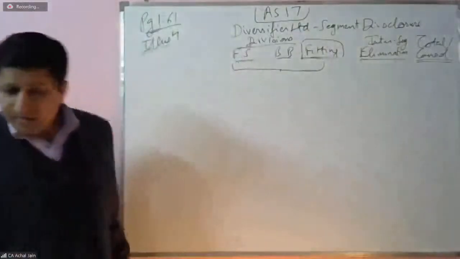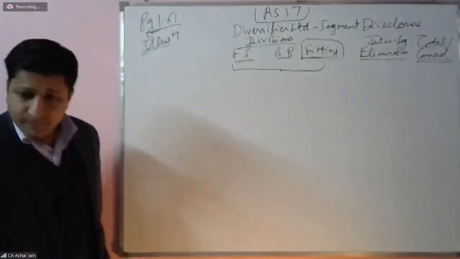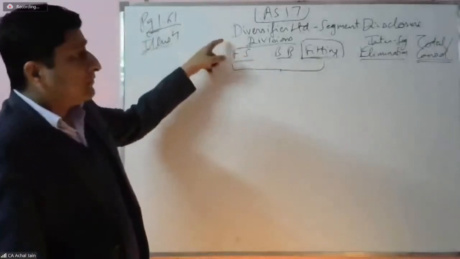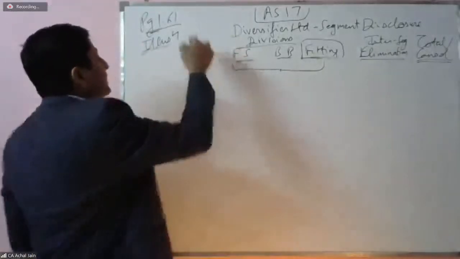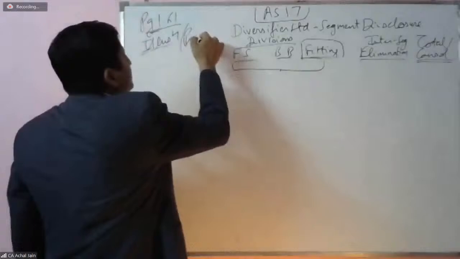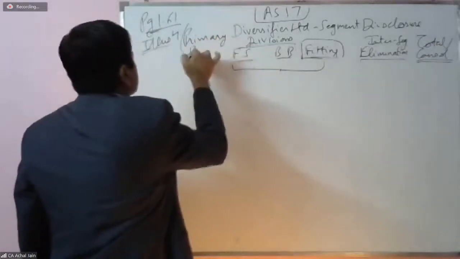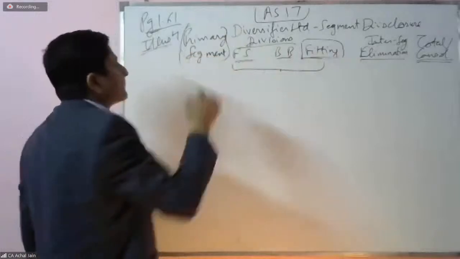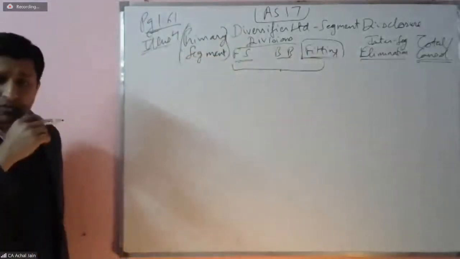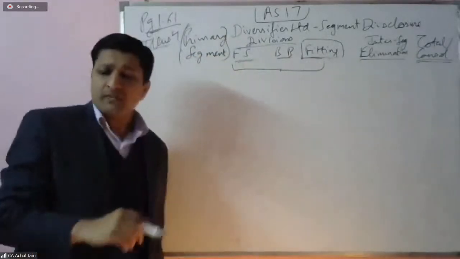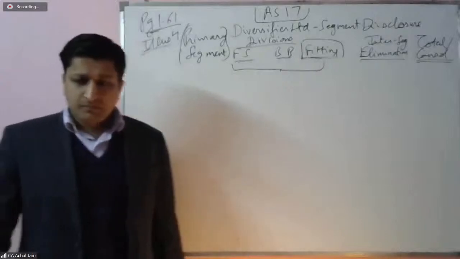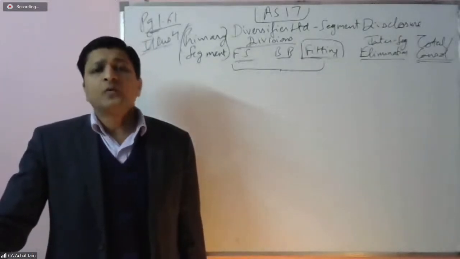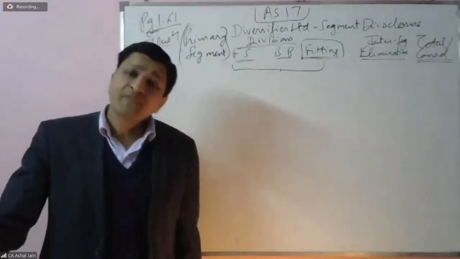In this case, this disclosure was in respect of primary segment. Over and above disclosures in relation to the primary segments, some more disclosures are required to be given in respect of secondary segment.